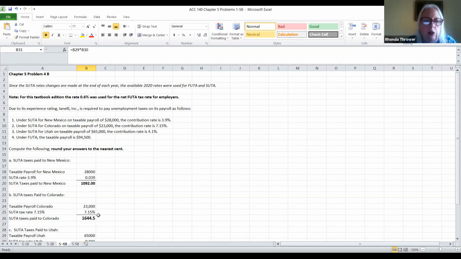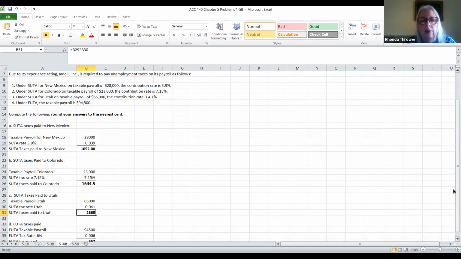So again, we're just multiplying to get the SUTA taxes that were paid to Colorado of $1,644.50. We also are going to be paying taxes in Utah, because this company was also located in Utah. Utah's taxable payroll was $65,000.